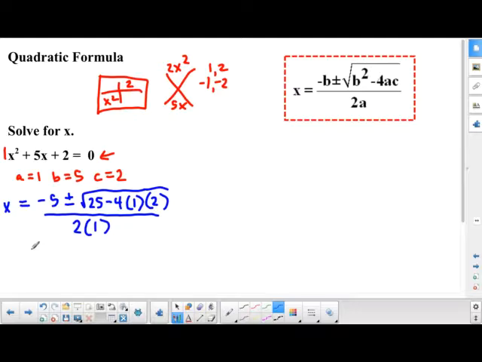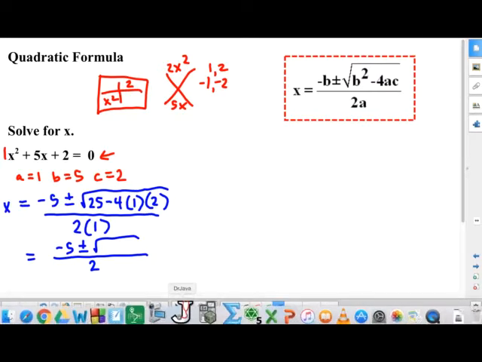Now we go to the next phase, simplifying everything we can. I get negative 5, nothing happens there, plus or minus, and on the bottom 2 times 1 is just 2. Right now, I want you to grab your calculator and see if you can figure this out: 25 minus 4 times 1 times 2.